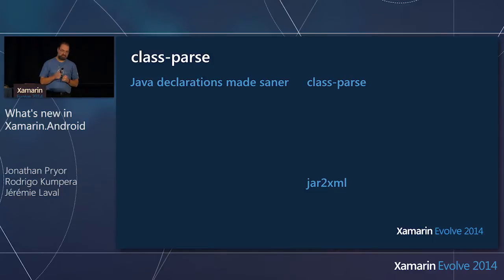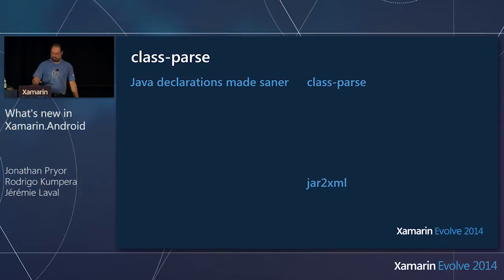Then you take your API description and run it through fixup with metadata.xml and throw it at generator, which generates a blob of C# code. And then you can add partial C# classes to that C# code, compile the whole thing, and wind up with a binding assembly. Everybody's happy, right? Except for all the things that are wrong in the jar.xml step and the generator step, but one thing at a time.